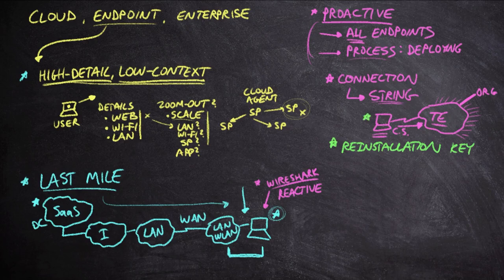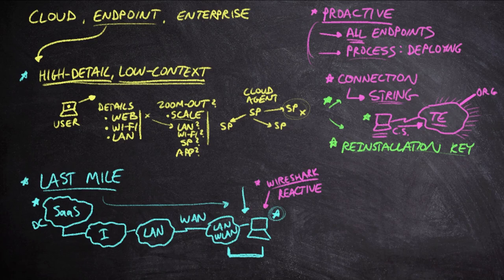This is an existing client, one that's been attached to Thousand Eyes in the past. And so we use the reinstallation key when that occurs. So it's not going to be a very common situation, but it is something that we should be aware of. At that point, when we install the endpoint agent, we'll need both the connection string and the reinstallation key. But most of our deployments will only be using a connection string.